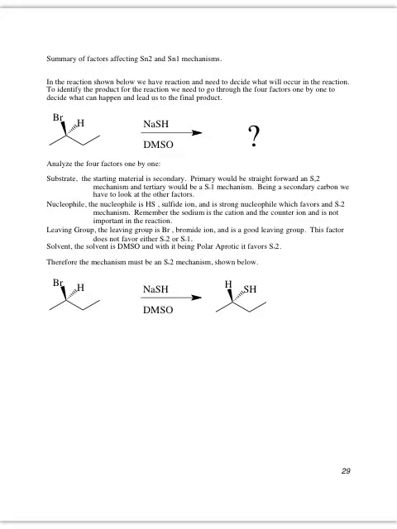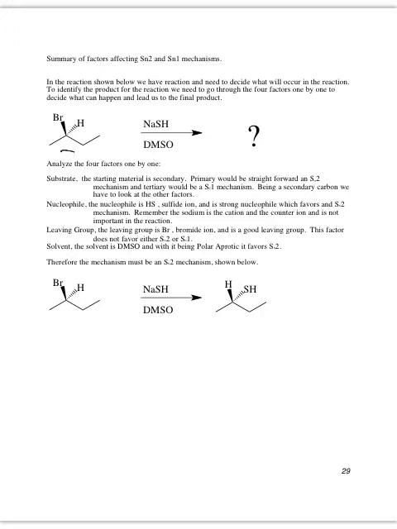So in an SN2, or in a reaction, we need to look at 4 things to decide what can happen. The substrate: here we have a secondary leaving group, so it could be either an SN2 or an SN1. So we go on down to the nucleophile, we have the sulfide ion. It's a strong nucleophile which favors an SN2.